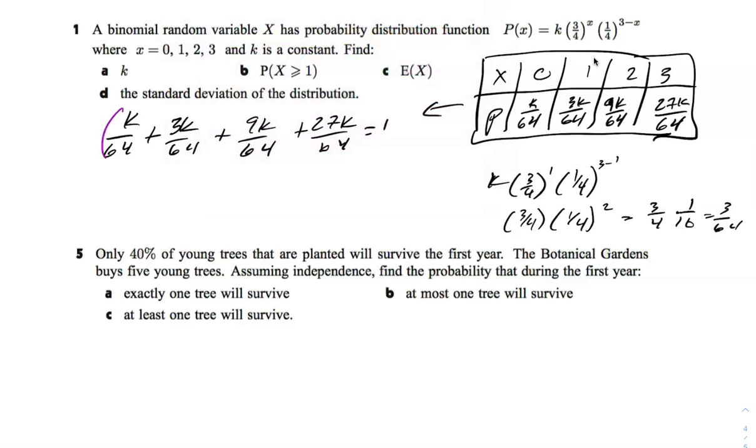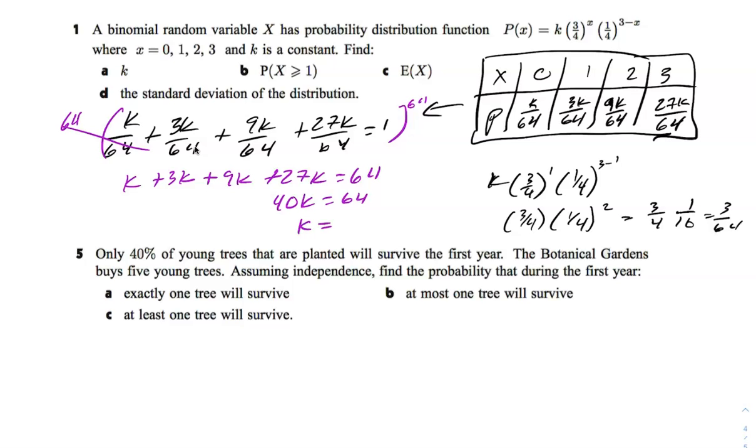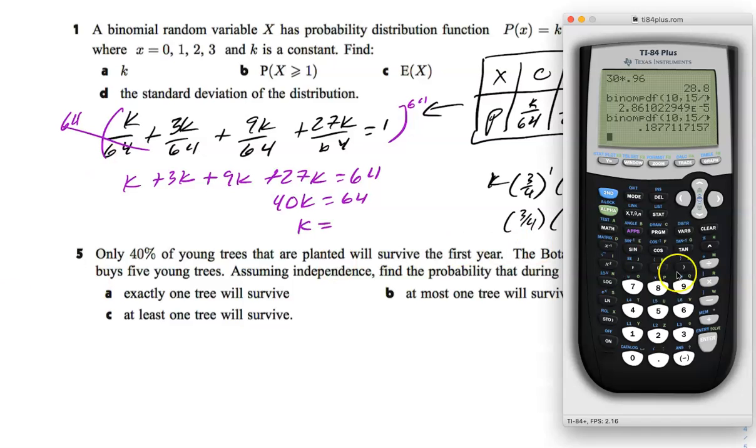I did not give enough space for this problem. The denominators cancel. I get k plus 3k plus 9k plus 27k equals 64. So 40k equals 64. Divide by 40, and k equals some decimal. 64 divided by 40, and I get 1.6.